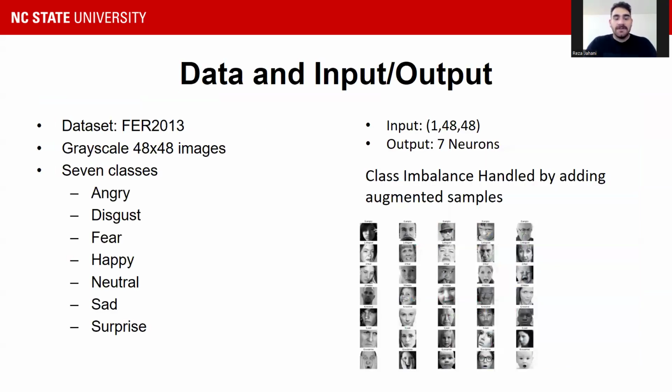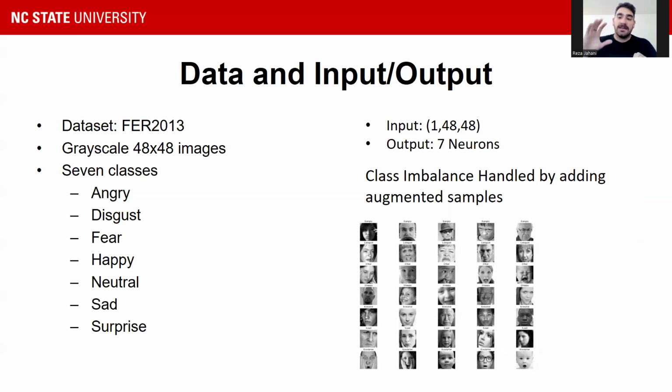I'll start with a brief explanation about our data, input, and output. The data set that we're using is FER 2013. We are dealing with grayscale images, 48 by 48, and we've got 7 classes: angry, disgust, fear, happy, neutral, sad, and surprise. On the right-hand side, we can see some visualization of these pictures and the data set.